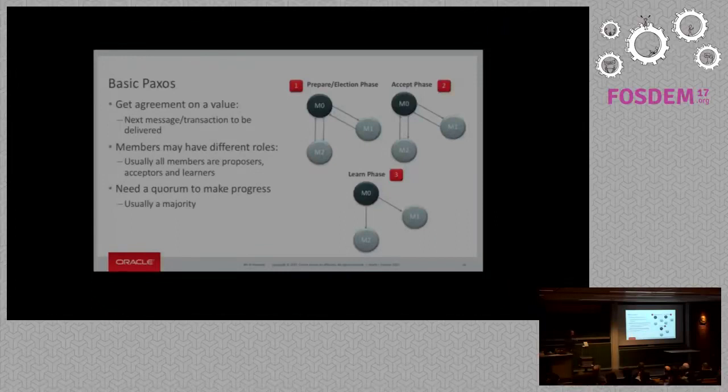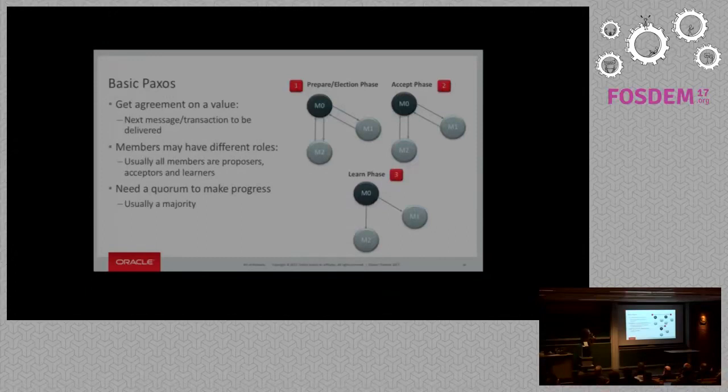So to understand how Mencius works and how our solution works, you need to understand a little bit about Paxos. Paxos is really simple. Although the implementation is really tricky, and getting it right and getting good performance is not easy, the idea is quite simple.